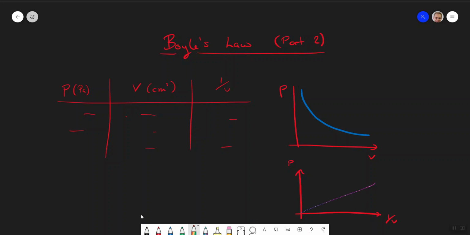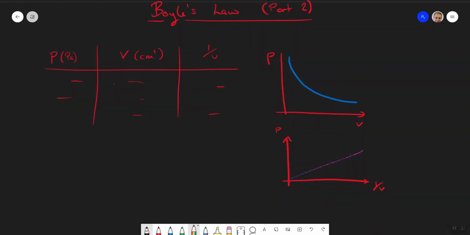Okay, and what that led us to was essentially the statement of Boyle's law, which is that for a fixed mass of gas at a constant temperature, the pressure times the volume of the gas is constant.